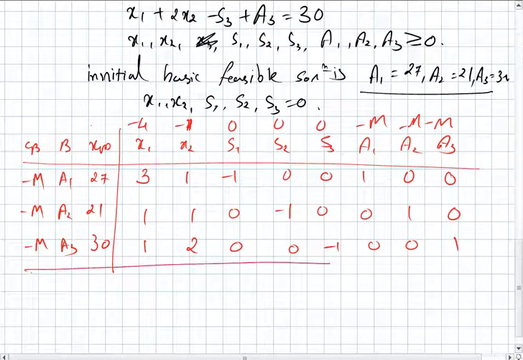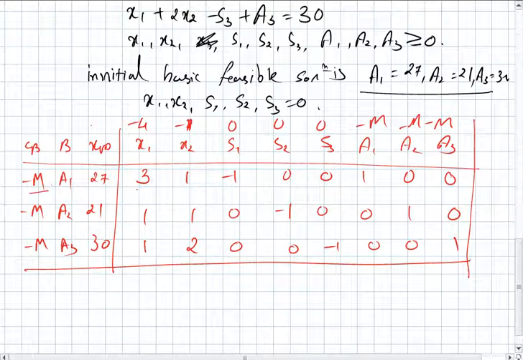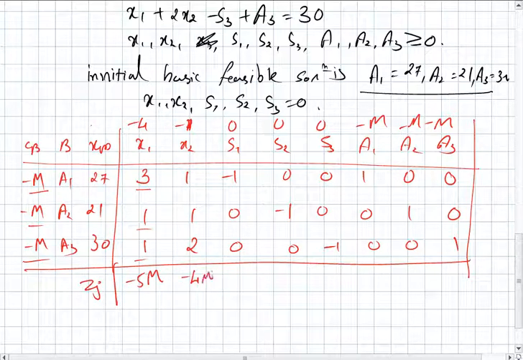Now we evaluate the Zjs. Zj is -M times 3, -M times 1 and -M times 1, so it is -5M. Similarly here it is -4M.